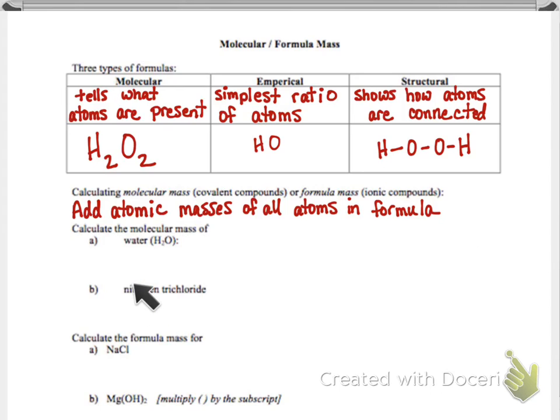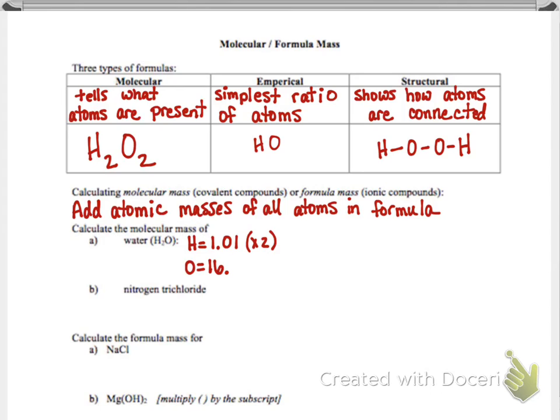So water has the formula H2O, which has 2 hydrogens and 1 oxygen. We're going to add up the atomic masses. Remember that the atomic mass is the decimal number on the periodic table under the symbol, and that is the average of all the masses for the isotopes of that element.